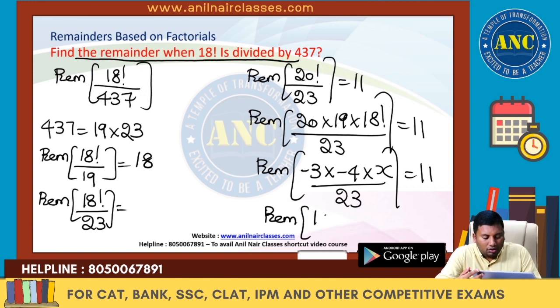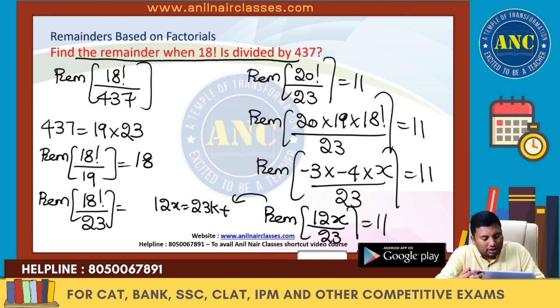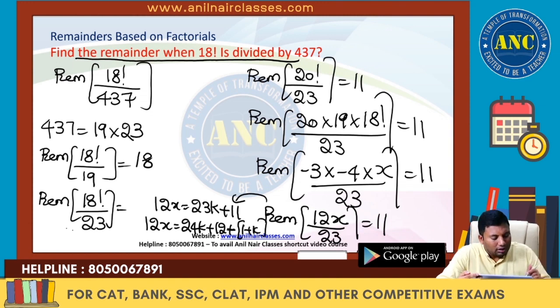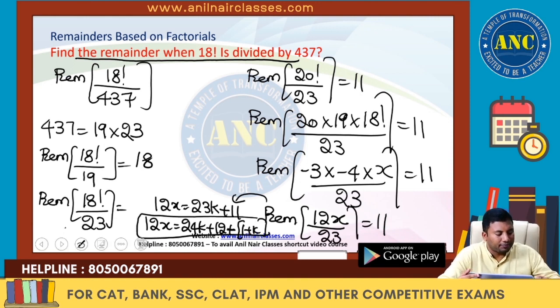Remainder when 12x is divided by 23 is nothing but 11. So here dividend equals divisor into quotient plus remainder. So here 12x is nothing but 24k plus 12 minus (1 plus k).